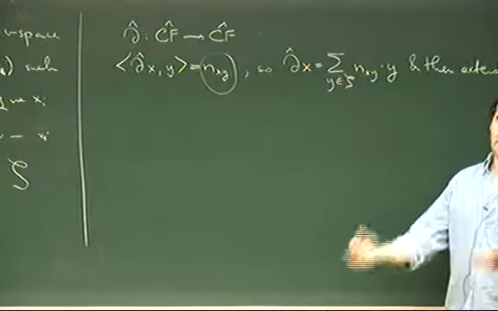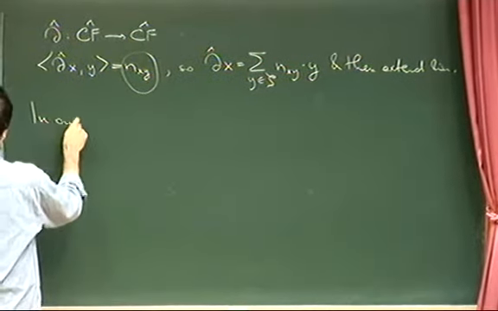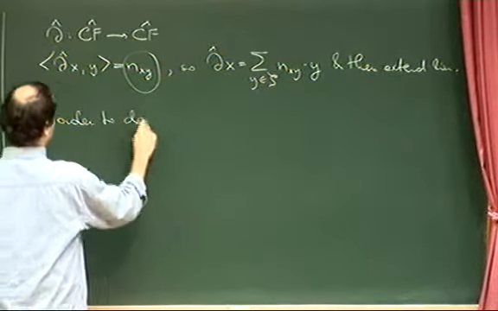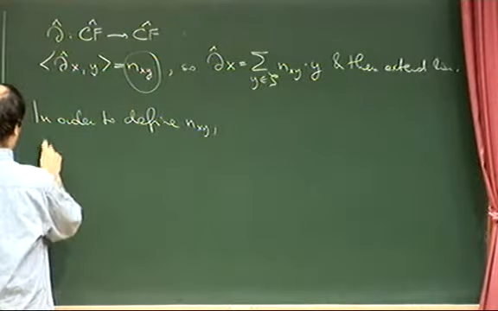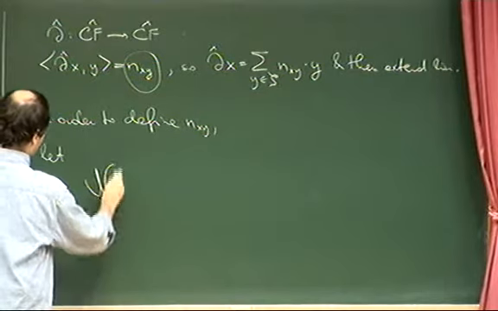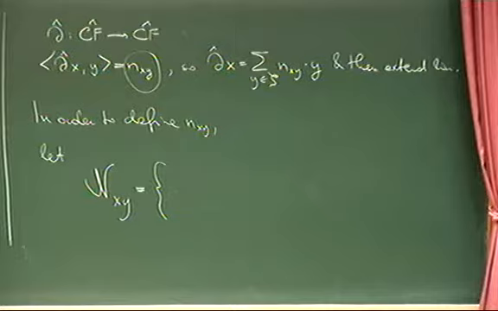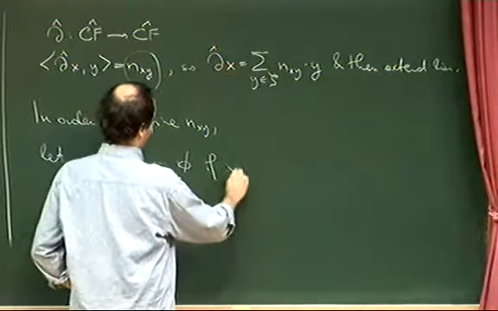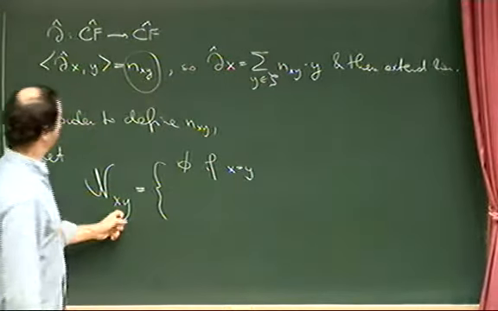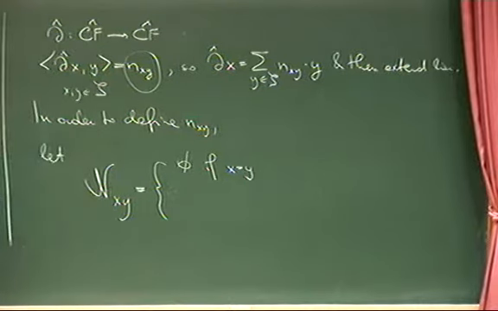And this number will be a count of a set. So in order to define n_xy, let this set be the following. It's the empty set if x equals y. Remember, x and y are elements of this generating set.